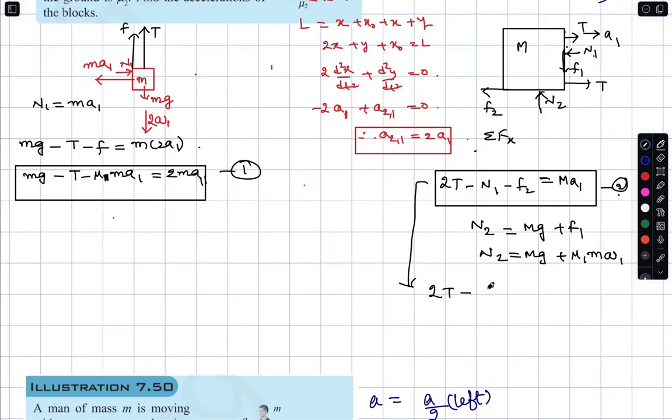N1, ma1, f2 is mu N2. F2 is nothing but mu N2.